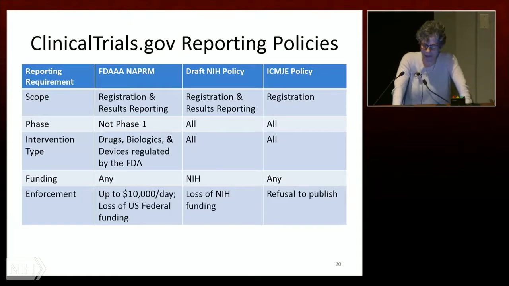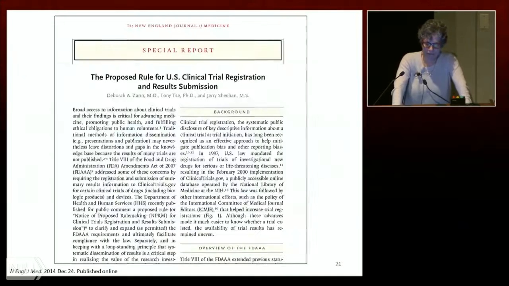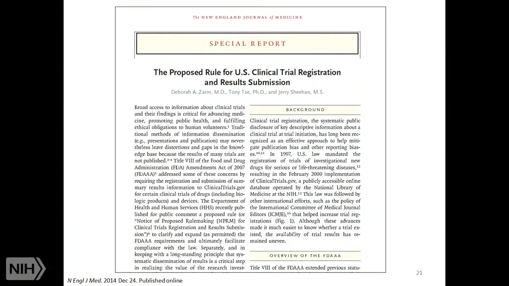So that's a broad policy which would require registration and results reporting, regardless of whether the study involves a drug or device. And you risk loss of NIH funding for you and your institution for lack of compliance with that policy. And here's a New England Journal article describing those policies.